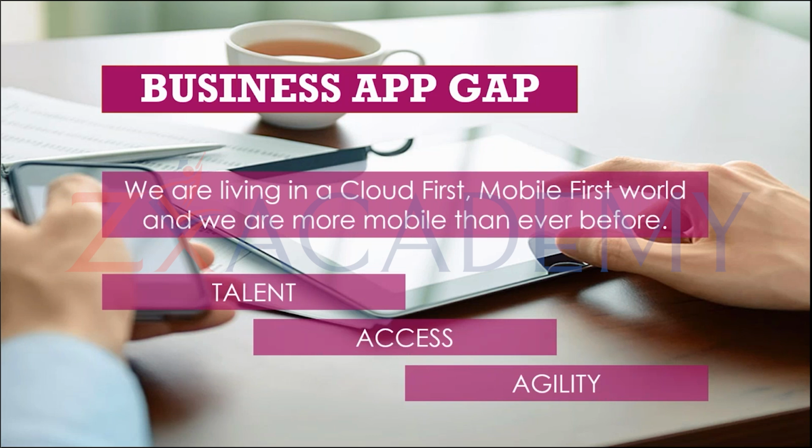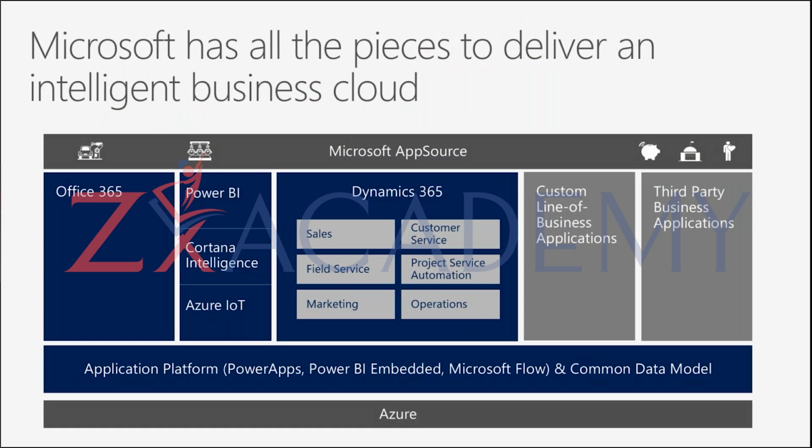Now, keeping this in mind, Microsoft created all this work to deliver this intelligent business cloud. It could be your Office 365, it could be your Power BI, Cortana, Intelligence. Everything can be extended using an application platform called Power Apps, Power BI, Flow, and Common Data Model.